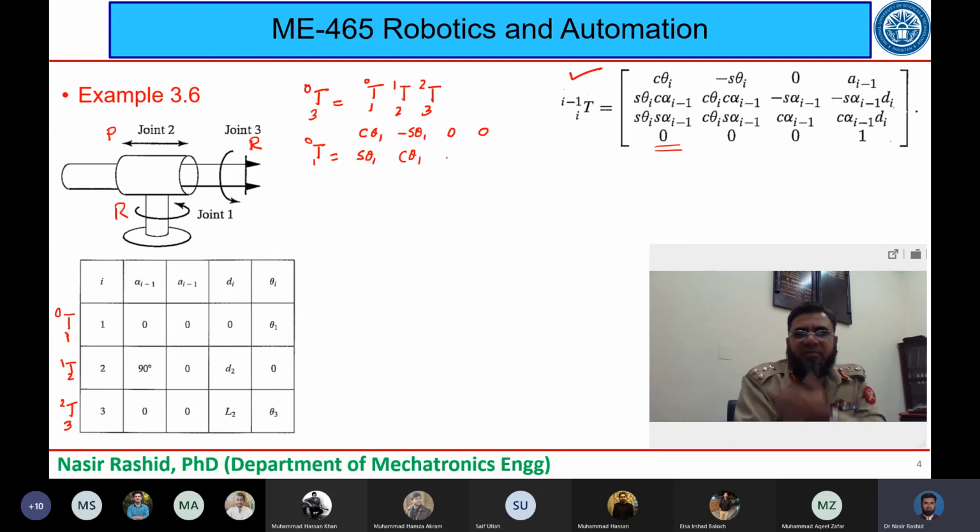Then I have sin alpha i minus 1 which is 0, तो ये 0 हो जाएगा। देन sin alpha i minus 1 और d1 यहाँ पे 0 है, इसी तरह ये भी 0 है, तो ये भी मेरे पास 0 आ जाएगा। और इसी तरह अगर मैं इन सारों को फिलअप करूं तो this will be 0 0 1 0 and then 0 0 0 and 1। सो ये मेरे पास एक मैट्रिक्स आ जाएगा, and I have obtained this matrix using this row and plugging the values of all these parameters into this.